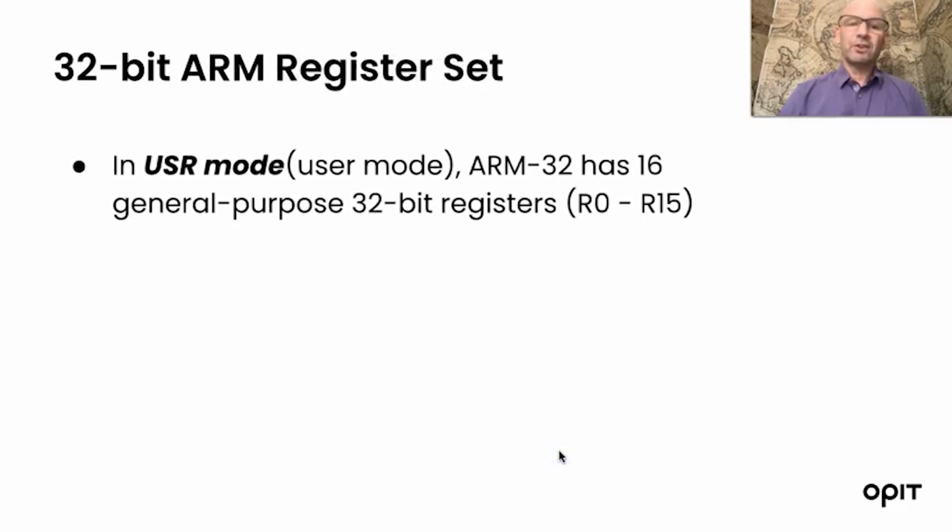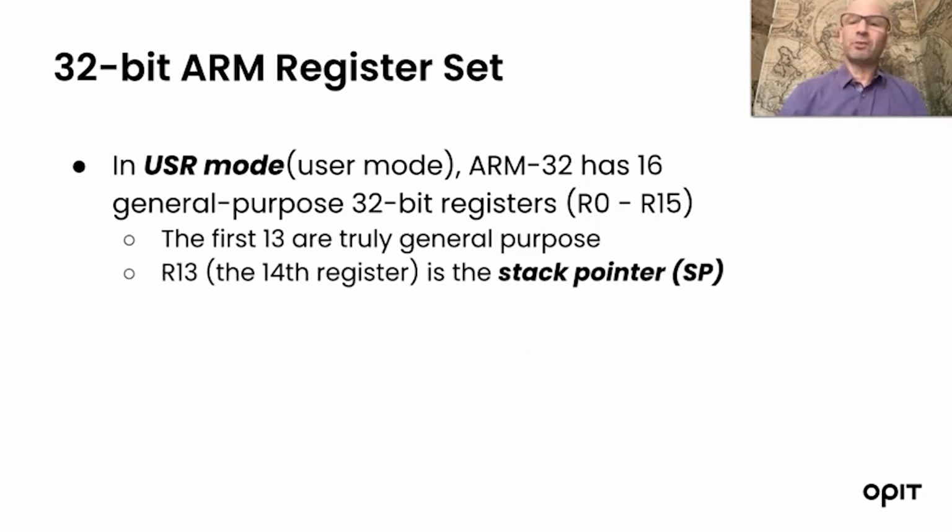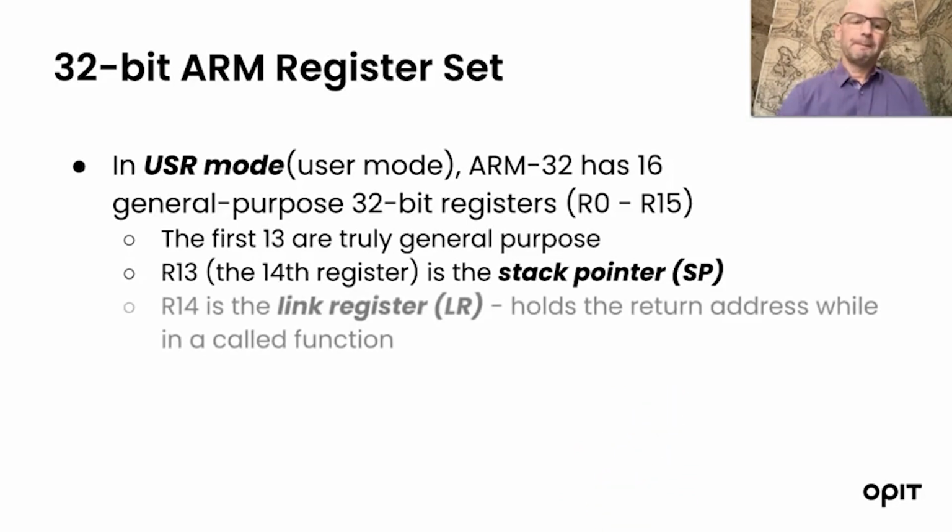The register set in user mode has 16 general purpose 32-bit registers, similar to what we saw with the x64. Remember, the x64 had 16 registers. In this case they're R0 to R15, and the first 13 are truly what we would call general purpose. The 14th register, R13, because we're starting from 0, is the stack pointer, which points to where we are on the stack.